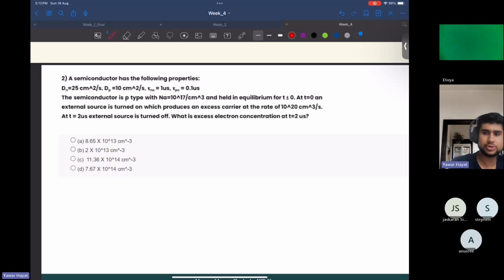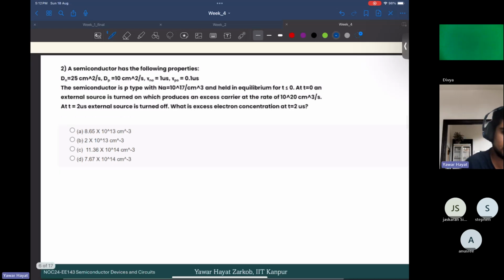Which equation should we use? All right. I guess I'll do it myself then.